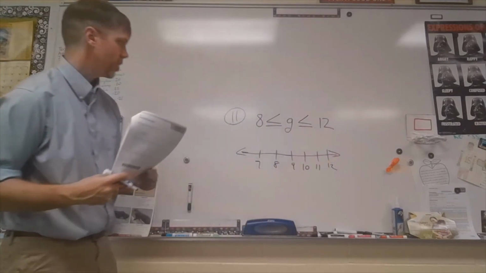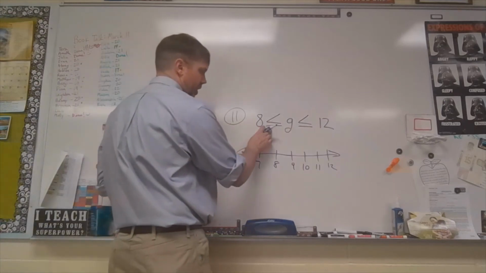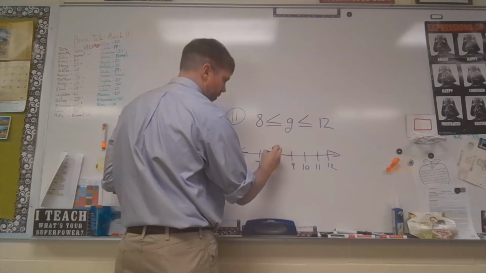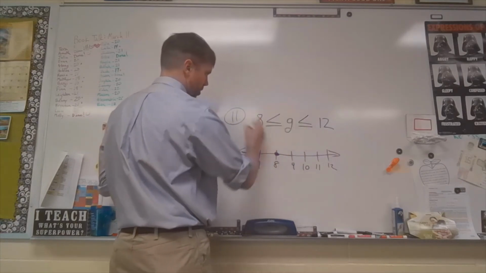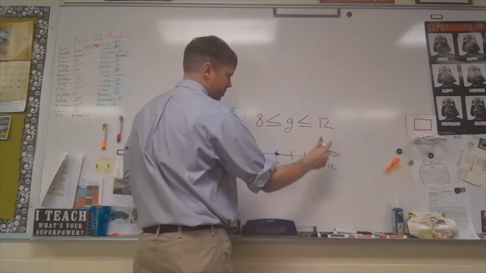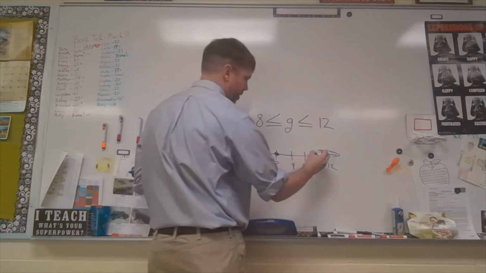Okay, so G is greater than or equal to 8. So it could be 8, right? And then it could be anything going this way for this part of the problem. For this part of the problem, G is less than or equal to 12, so it could be 12. And then from there, it's just everything in between.